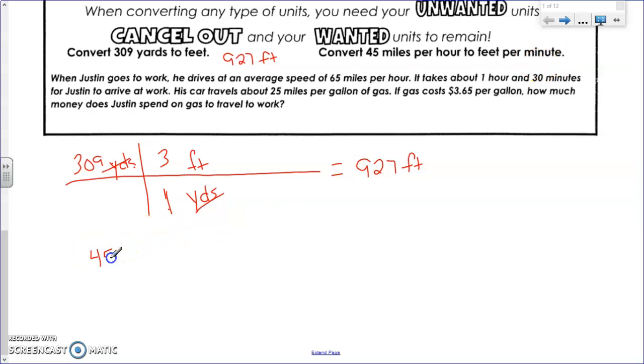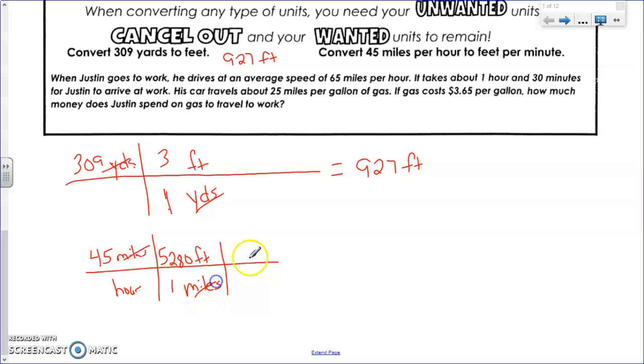Convert 45 miles per hour to feet per minute. So we have 45 miles per hour. So the miles is going to go to feet. So miles here, feet here. How many feet are in a mile? 5,281.